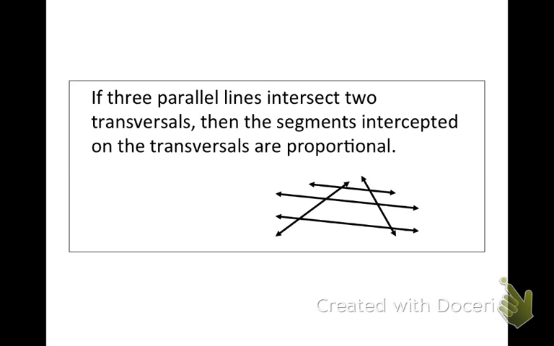If we have 3 parallel lines that intersect 2 transversals, then the segments intercepted on the transversals are proportional.